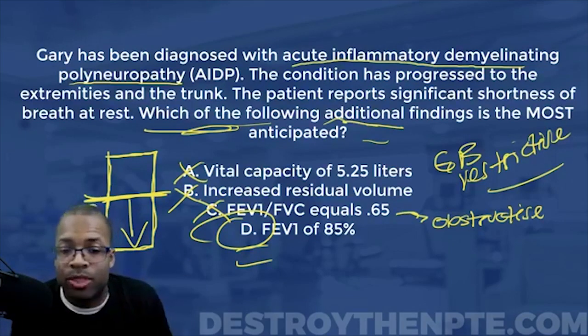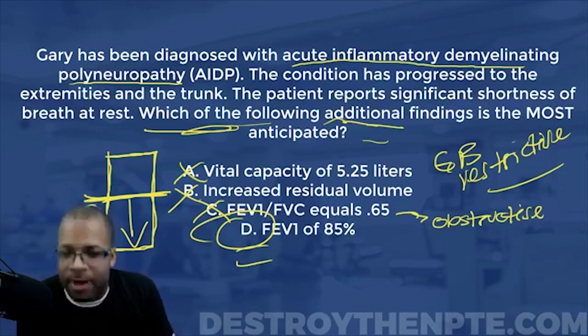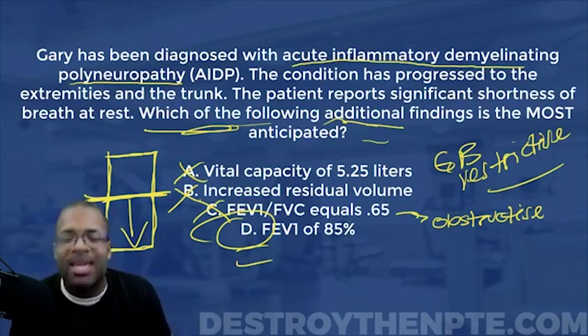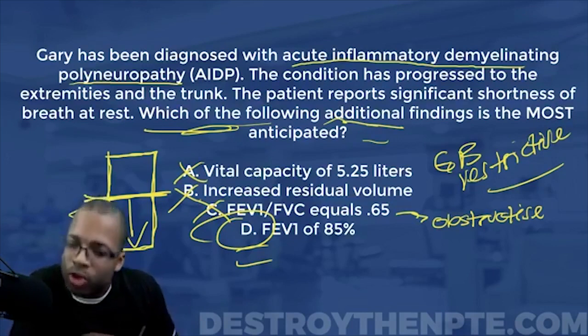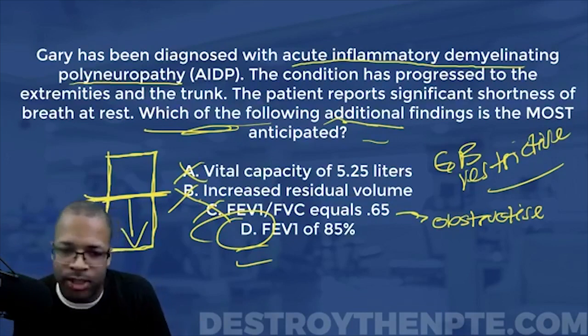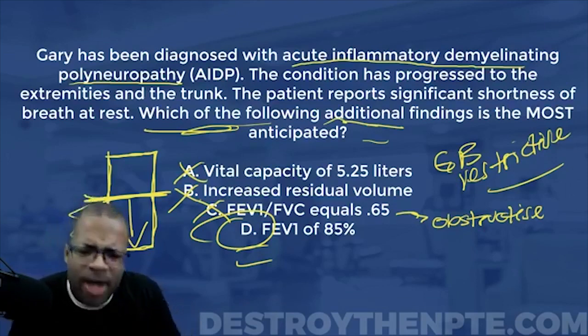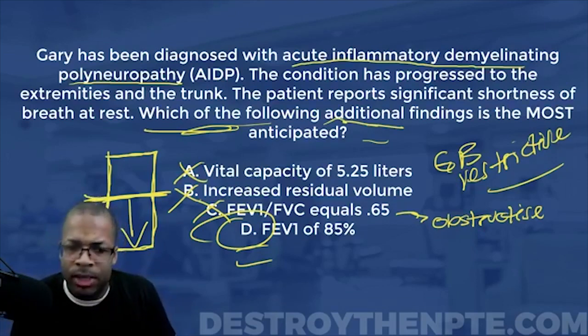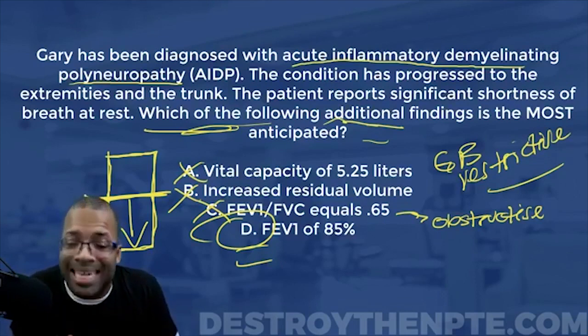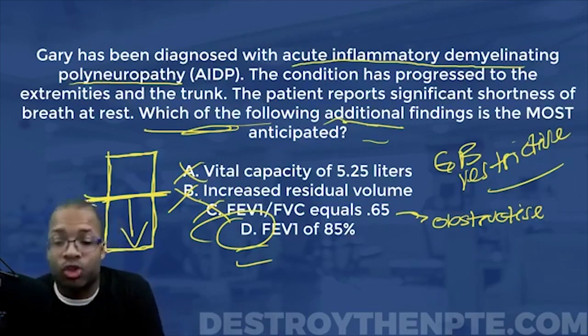And that is the reason why you see that higher number, the 85%, or it could be 90% or 95%. That is more consistent with a restrictive problem, not an obstructive one. Again, always think about that. If I see that the FEV1 is a lower percentage, I know that the person's having difficulty getting that air out, and that's more of an obstructive condition.